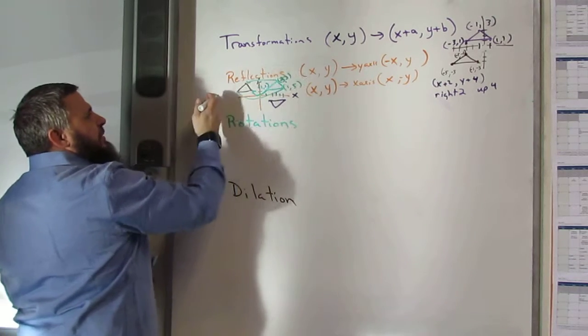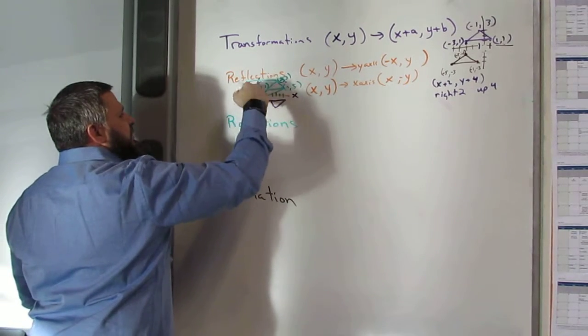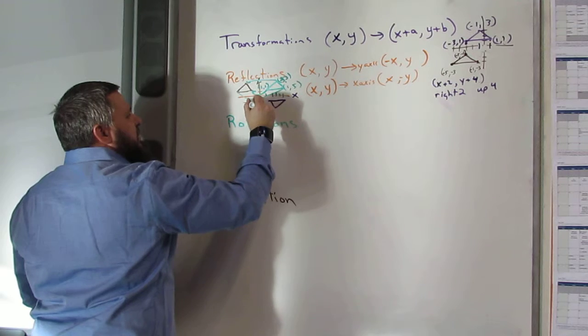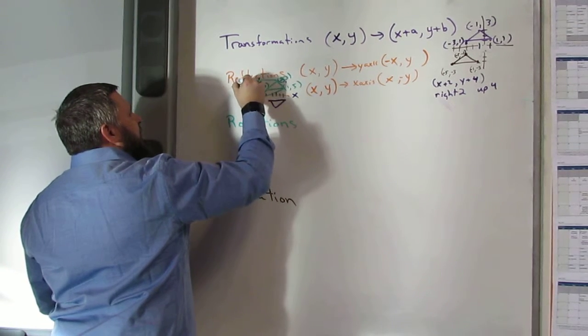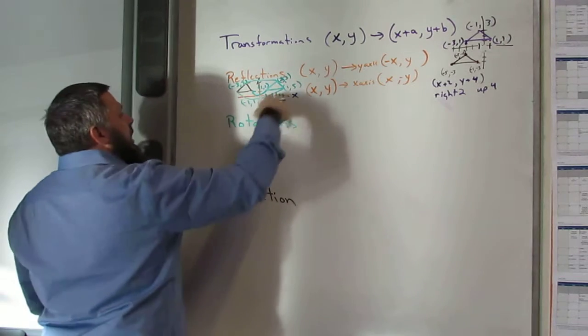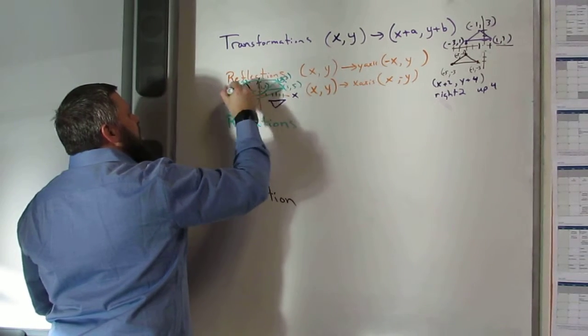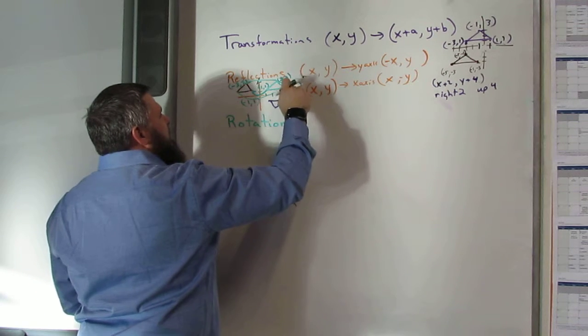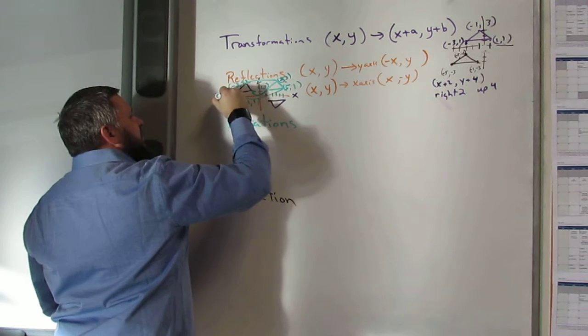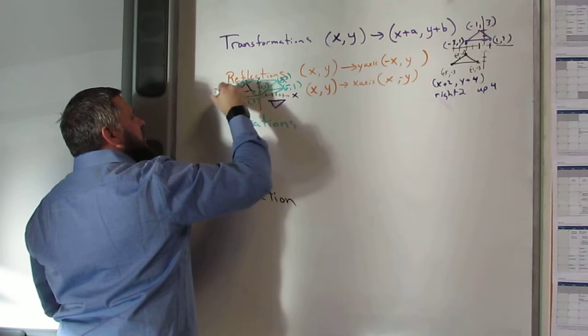And then what would happen over here is that this becomes a negative 1, 1. This becomes a negative 3, 3. And this becomes a negative 5, 1. Sorry about that.